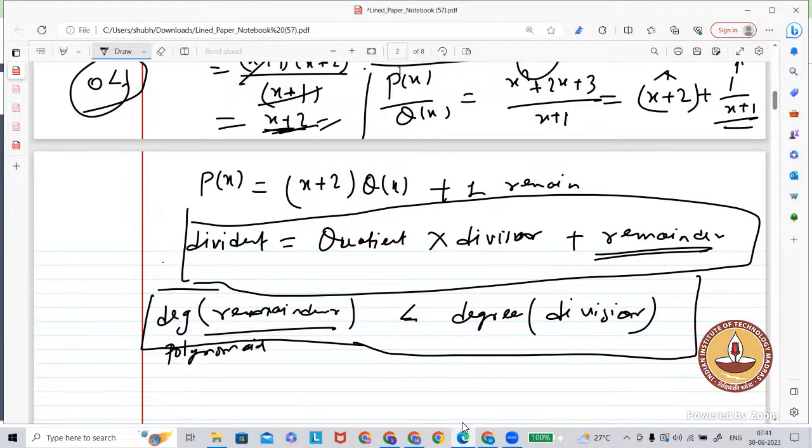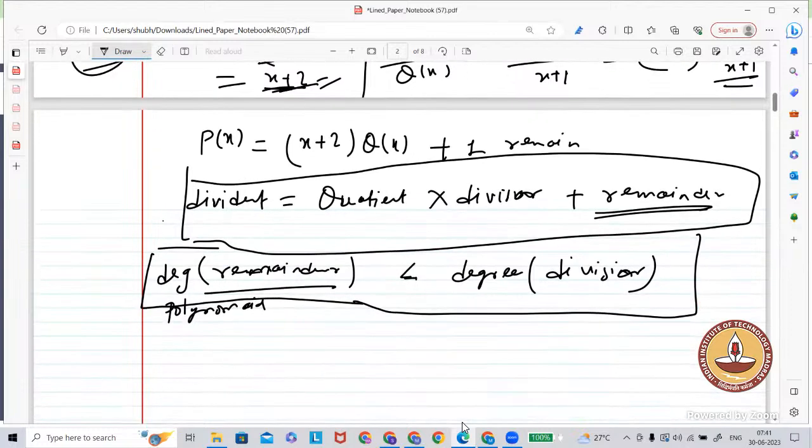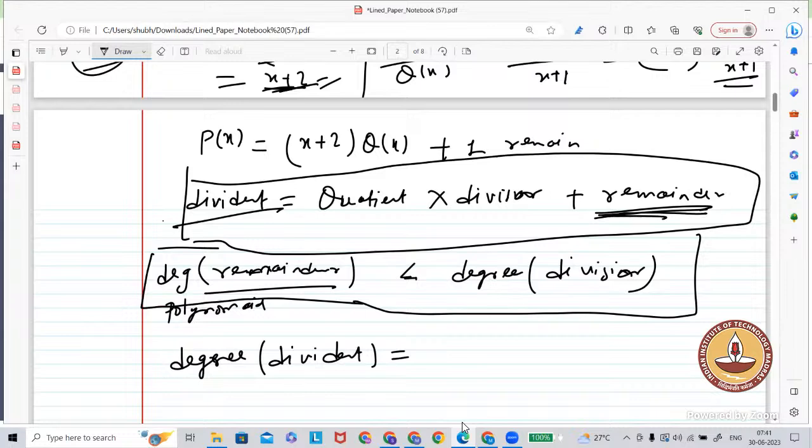But one thing we note is that the degree of the remainder is strictly less than the degree of the divisor.